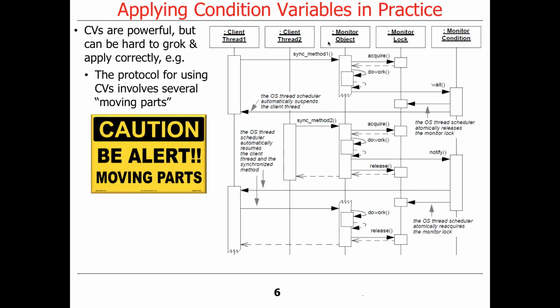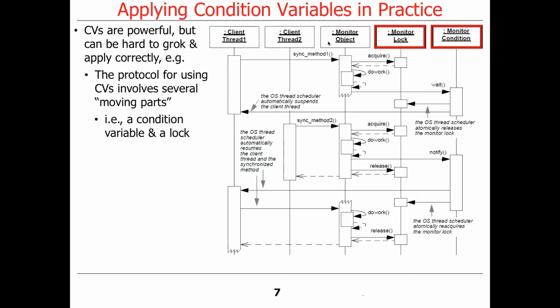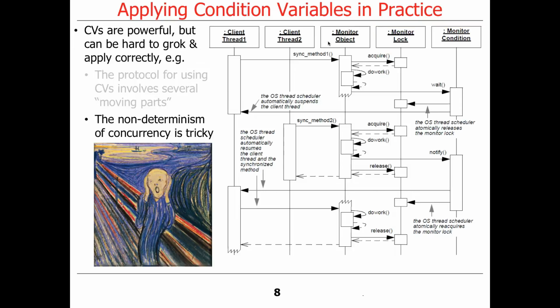If you want to amuse yourself, do a Google search for moving parts images, and you'll see all kinds of really funny images of people getting their hand crushed by moving parts and stuff like that. I decided to go with the more sedate version here, but the good point is be alert. They're moving parts. In particular, there's a monitor condition and a monitor lock. So there's more than one thing, and that's what gets them a little bit complicated to use.